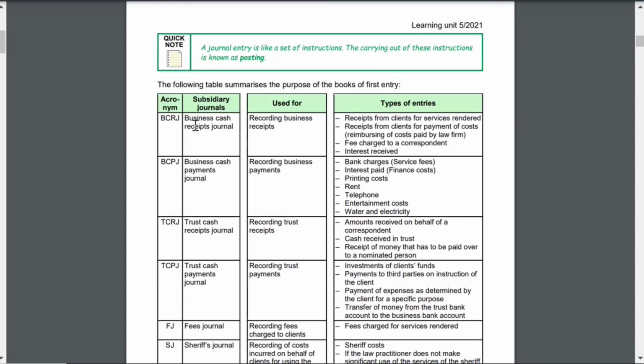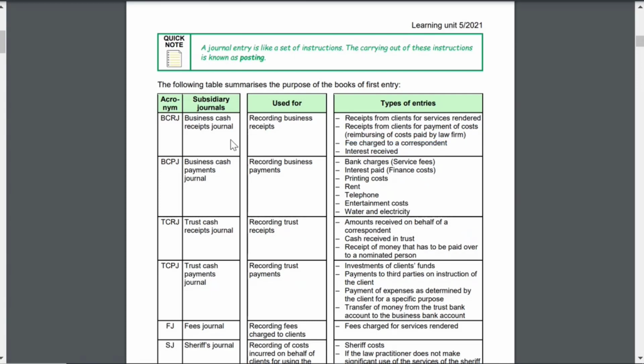So basically for this Learning Unit 4, you need to understand what you record in your Business Cash Receipts Journal. An example would be receipts from clients for service rendered, receipts from clients for payments of cost, fees charged to a correspondent, which is in the last Learning Unit, I spoke about correspondence, and then interest received.